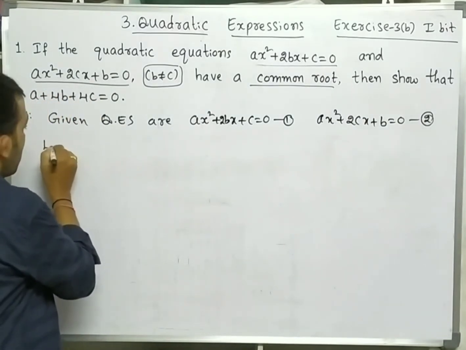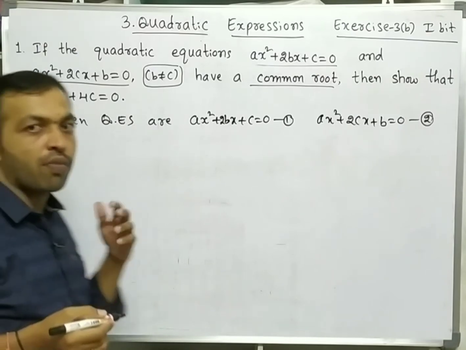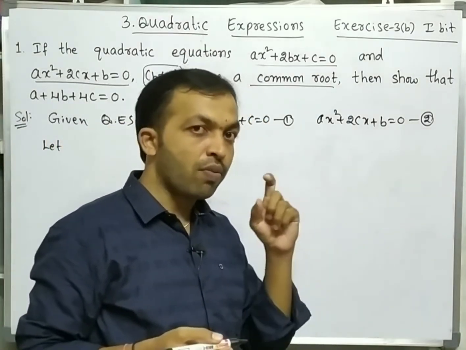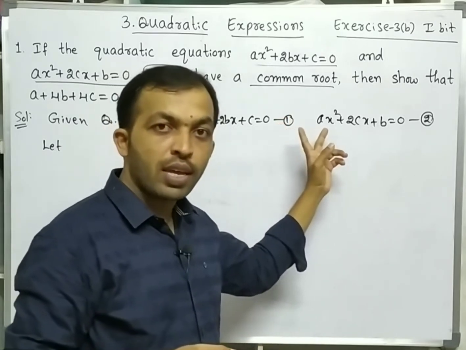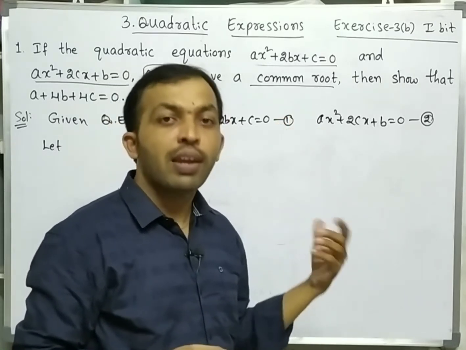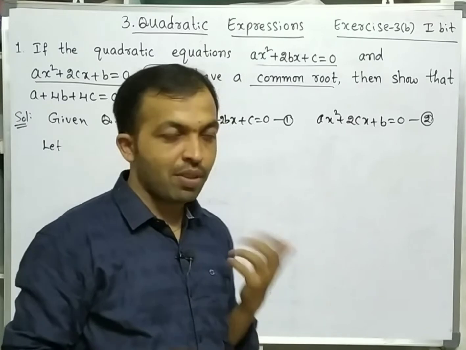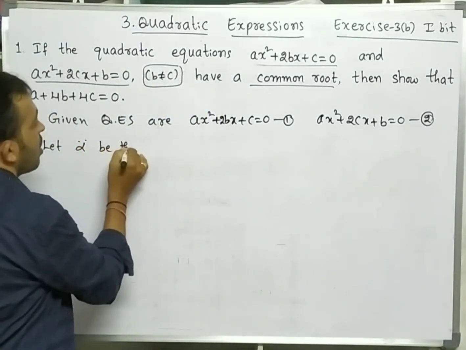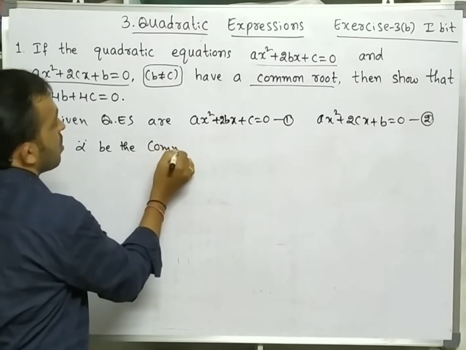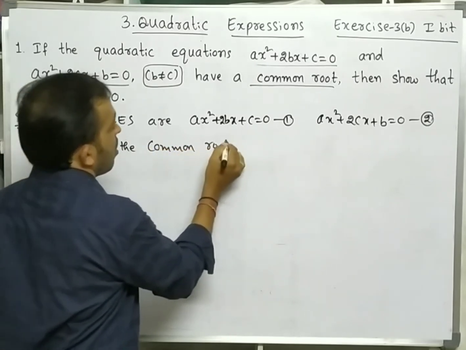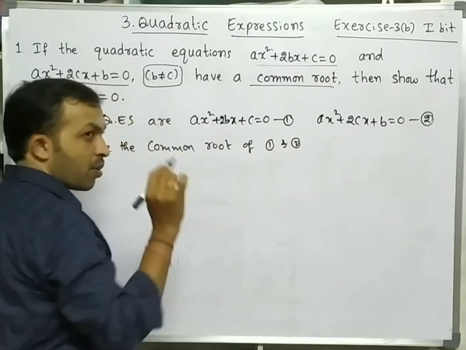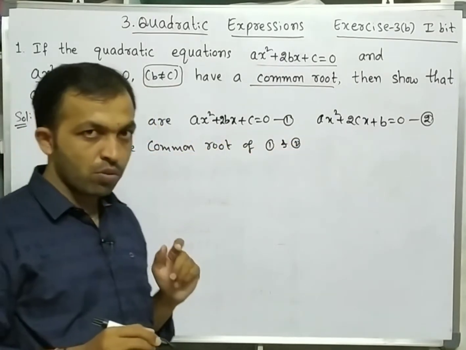In general we can assume the roots are alpha and beta, right? Now here we have these two quadratic equations having a common root. Let that common root be alpha. Okay, so let alpha be the common root of 1 and 2. So alpha is a root which is common to both equations.